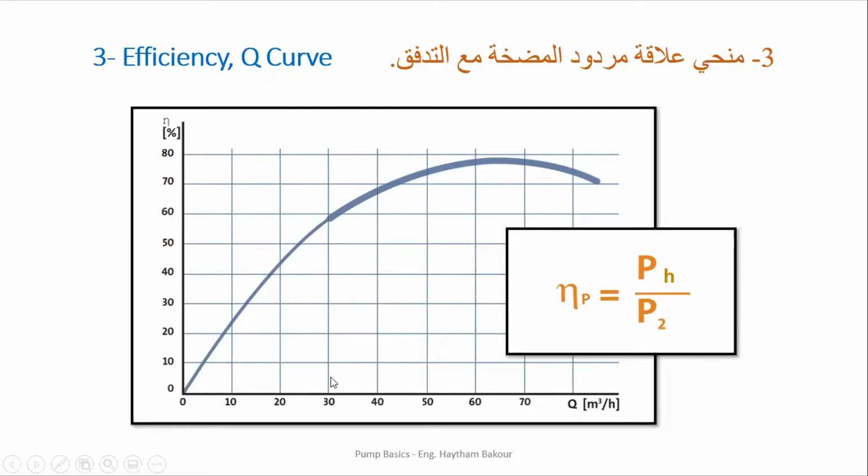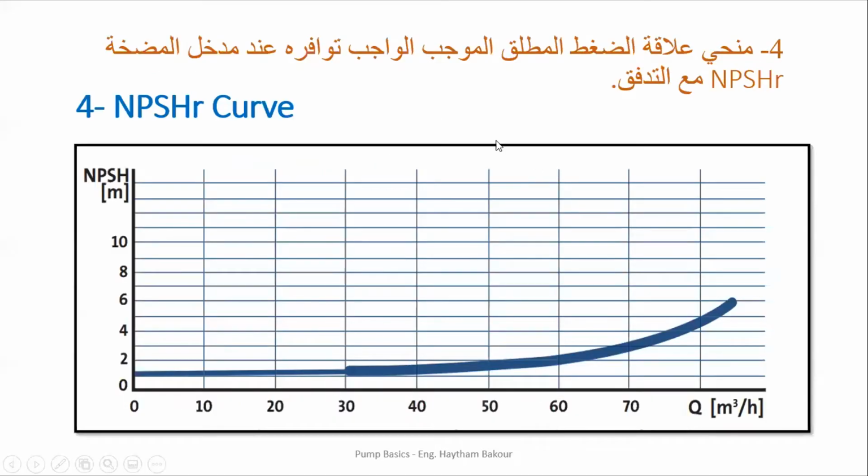But if we run this pump at a flow rate of 30 per hour, the efficiency would be around 58%. So we would lose a lot of efficiency as losses and harm to the pump body.